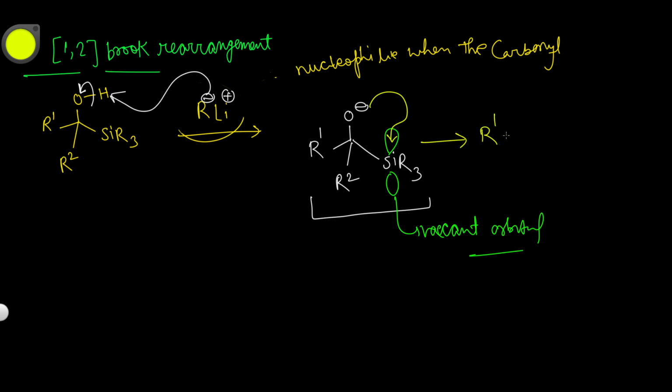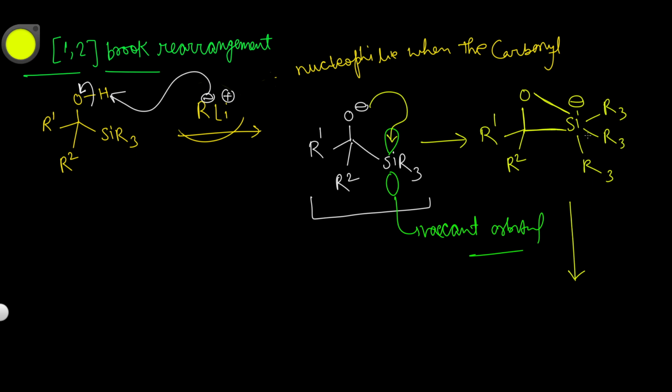Now you will get something like this: O, here is a Si, with R, R, R. Now this bond forms and the silicon gets a negative charge. Here is also R2, and these are all R3, right? You have got this three-membered ring, such a type of molecule. You got it? Okay.